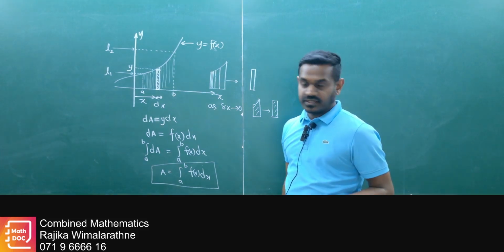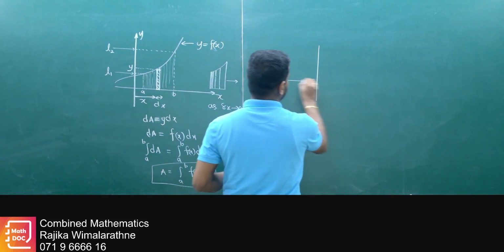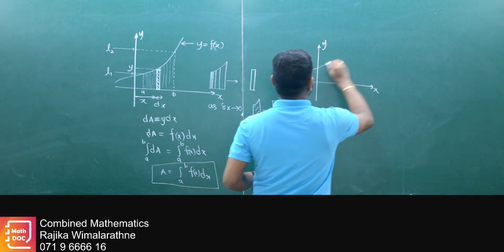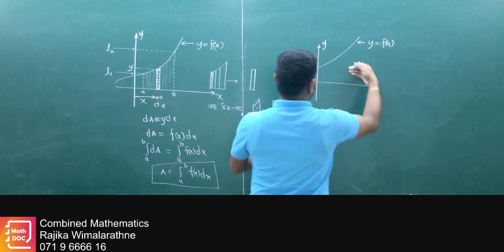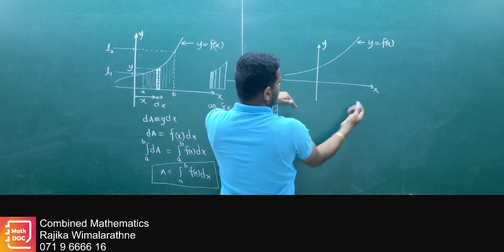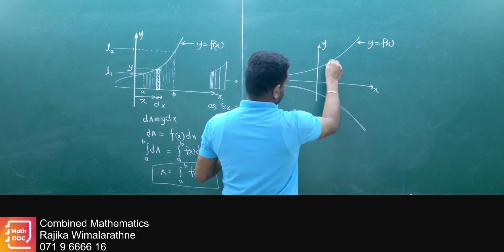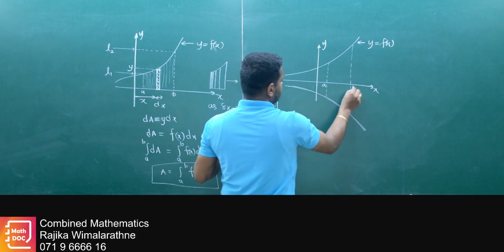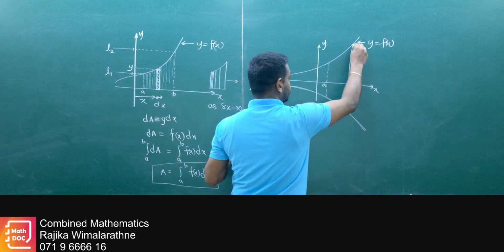Here are the x-axis and y-axis, and the function y equals f(x). Within the region from A to B, when it rotates, it makes a solid body.